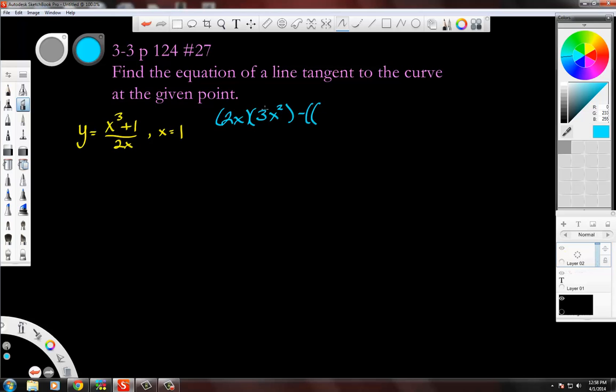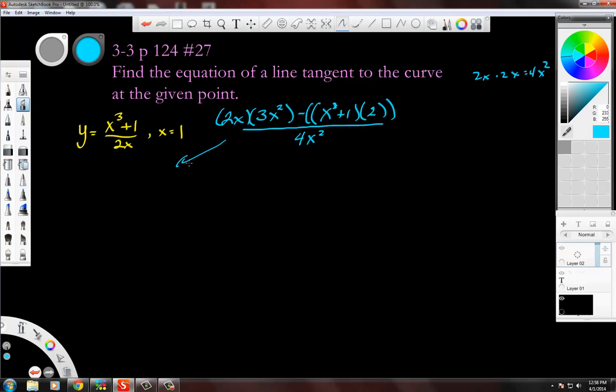So it's low d high minus high times the derivative of 2x, which is 2, over low low. So we got 2x times 2x, which would be 4x squared, right? That's correct. Now we just need to clean this up a lot.